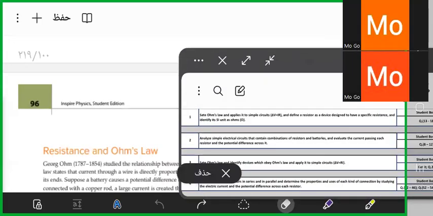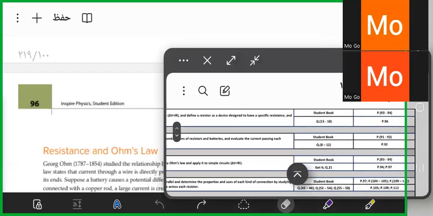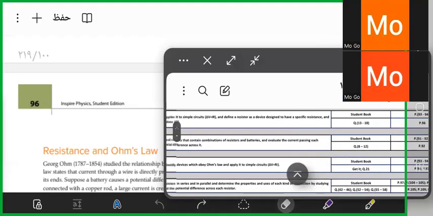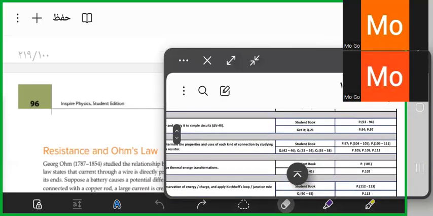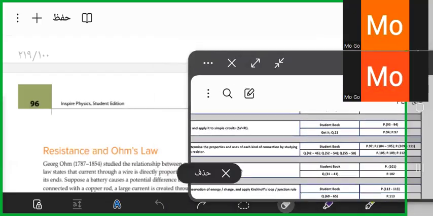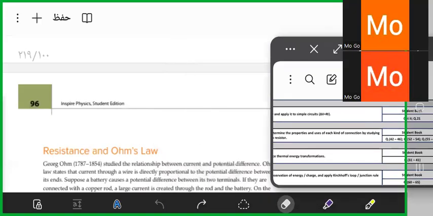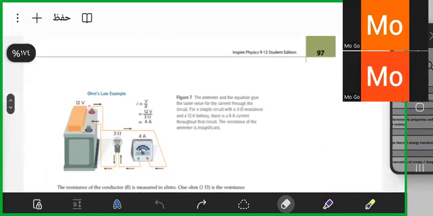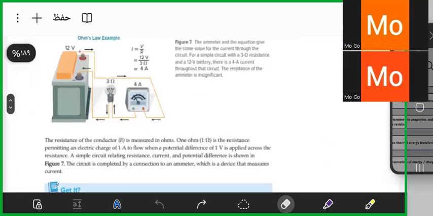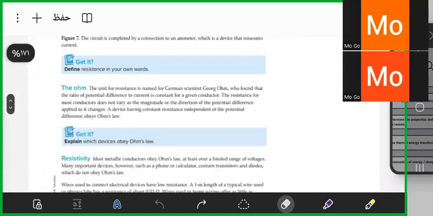Again, it was page 34. So it will be 70. Okay. That page. Yes, we had mentioned this before, and we had mentioned Ohm's law and the difference between resistance and the difference between that value.